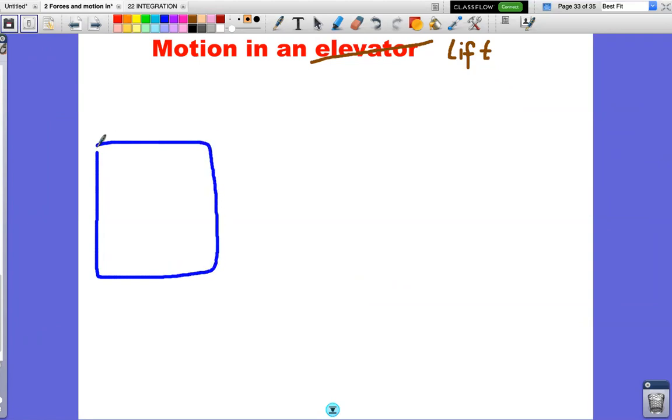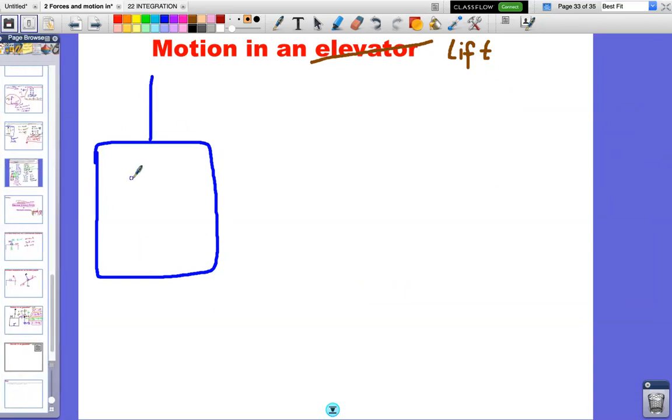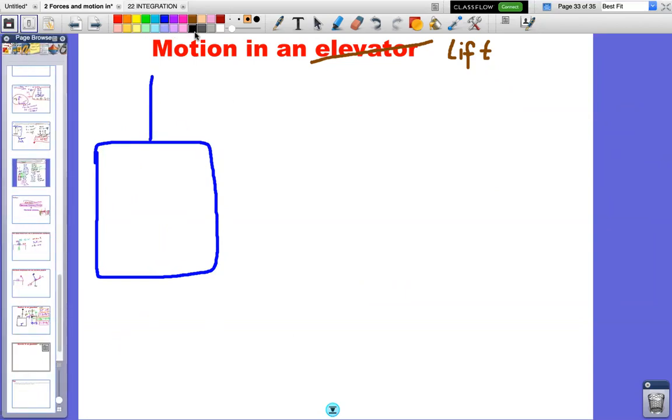In the second case with the lift, we are not now looking at the lift as a whole, but we are looking at you inside the lift. You are standing inside the lift now. What are the forces acting on you?